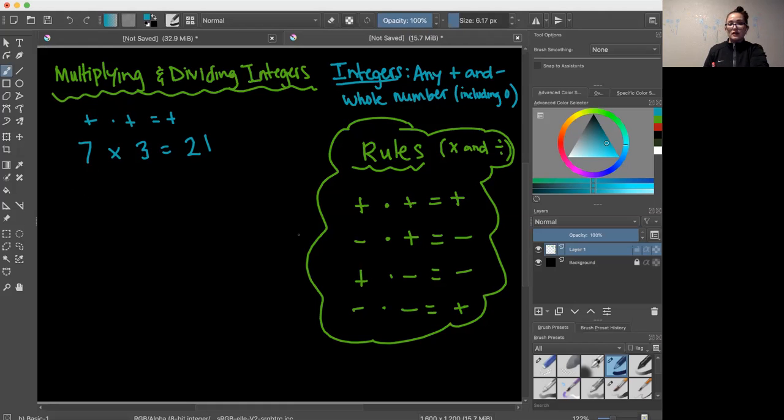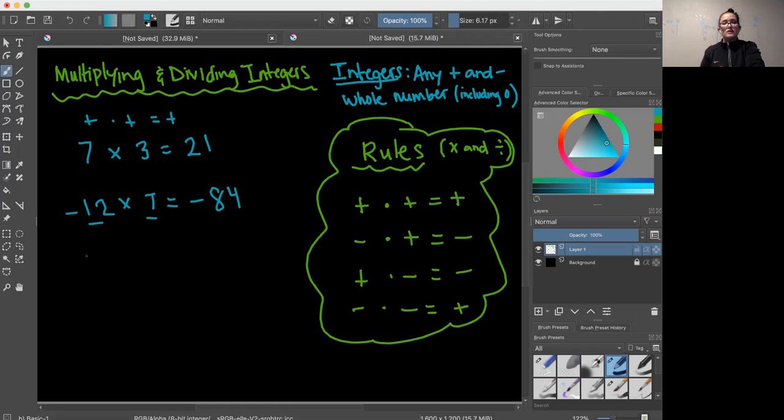So let's try the second rule. I have a negative and a positive. So let's see, if I have negative 12 times 7, a negative and a positive I know is going to get me a negative. And so I just have to multiply those digits. So 12 times 7 is going to get me 84.